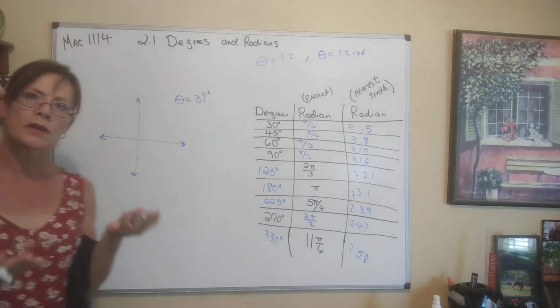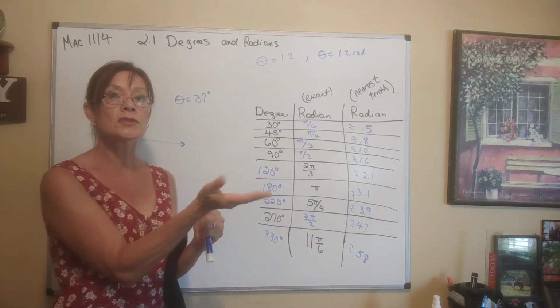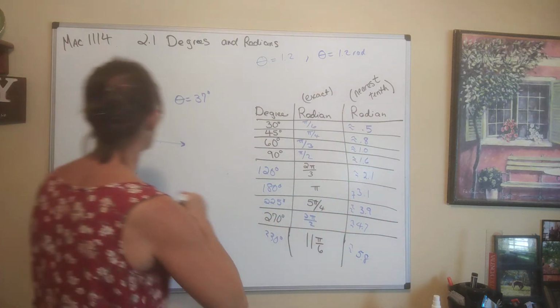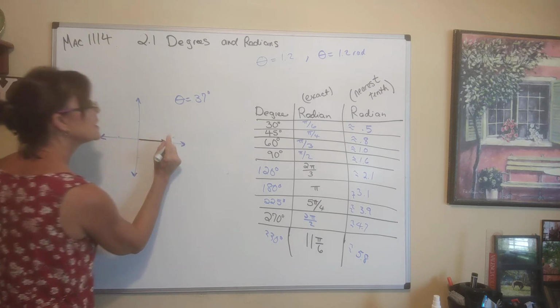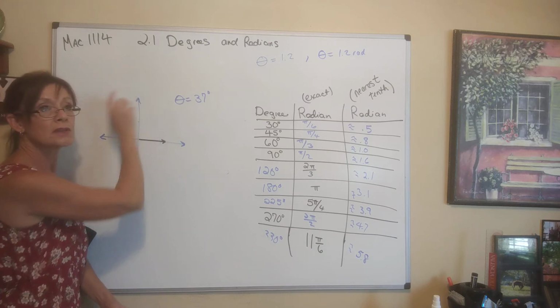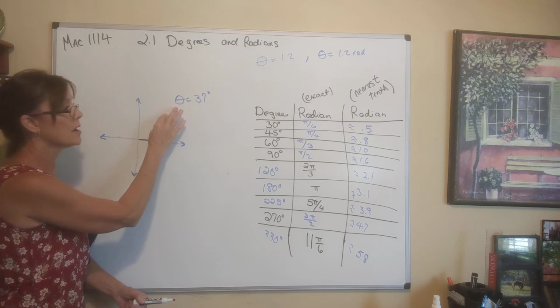If you had to draw an angle in standard position at 37 degrees, the initial side will always be the positive x-axis. We are just sketching an angle. This is not super exact, but we know if this is 0 degrees and this is 90 degrees, 37 degrees is going to fall somewhere in quadrant 1.